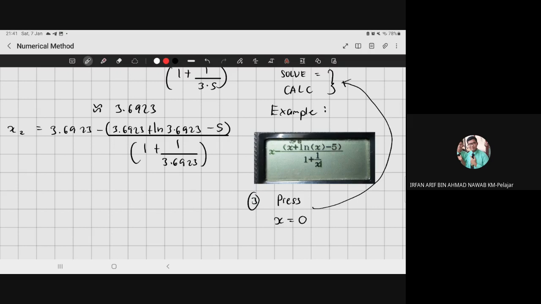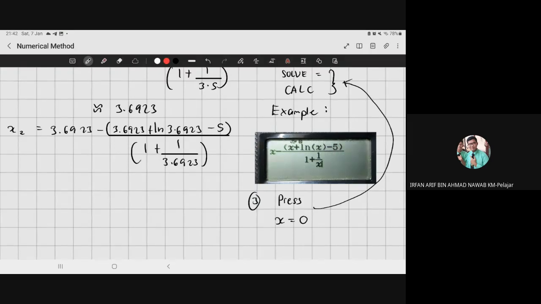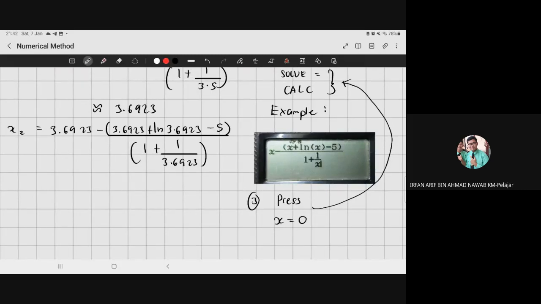So don't sub in 3.6923, but press Ans, at the bottom right. There is a button that says Ans. First you press the calc button, then you press the Ans button, and then press equal again, and you will get approximately 3.6934.